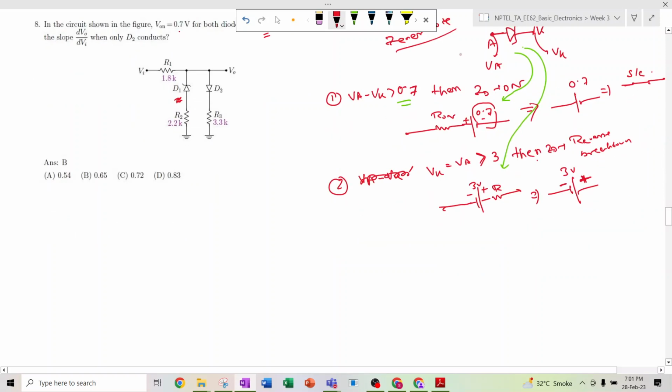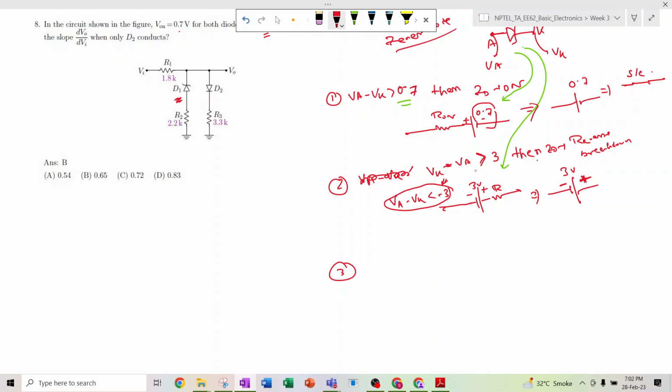In the third case, whenever Vk minus Va is greater than 3, that means the cathode is more positive than the anode. We can also denote it the other way: Va minus Vk should be less than minus 3, if we multiply by negative on both sides. So when VA minus VK is less than -3, it is in the reverse breakdown region, and when VA minus VK is greater than 0.7 volt, it acts as a normal diode, that means in the on condition.